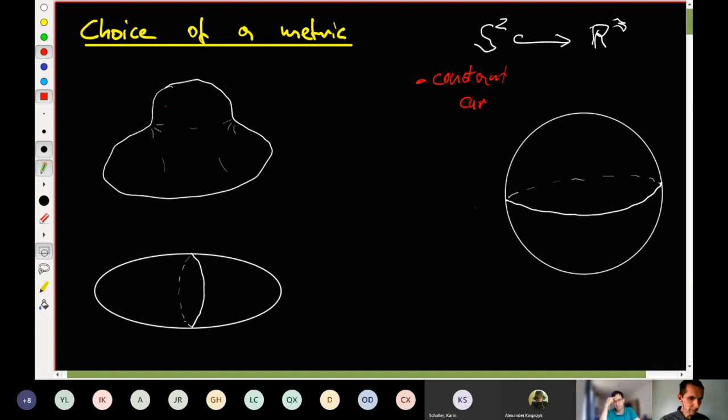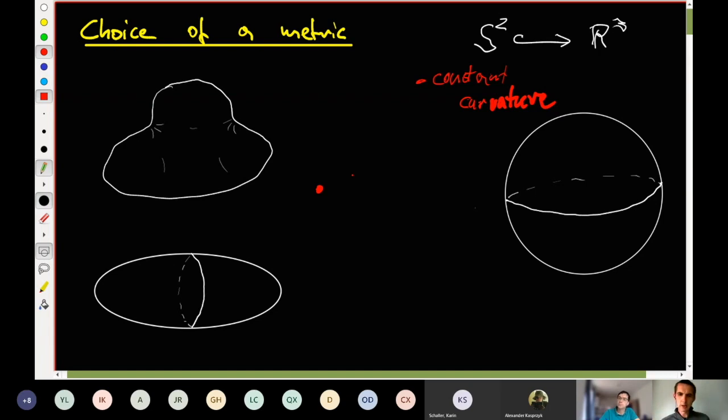So we have constant curvature, and alternatively, we can look at a global invariant of the metric, namely the volume.